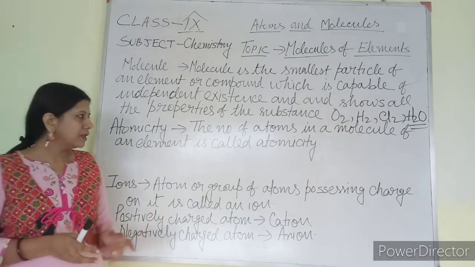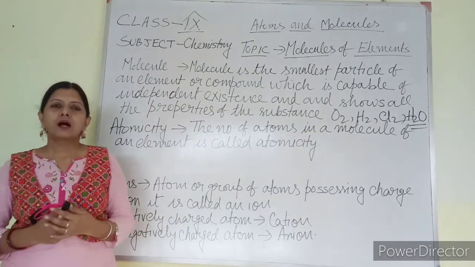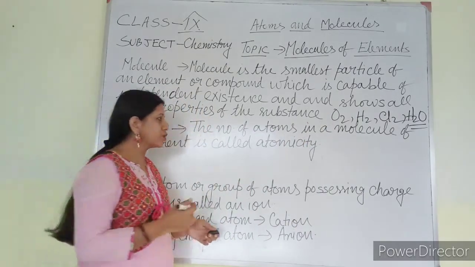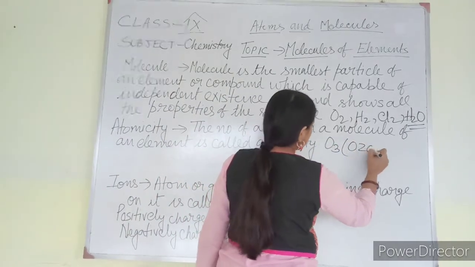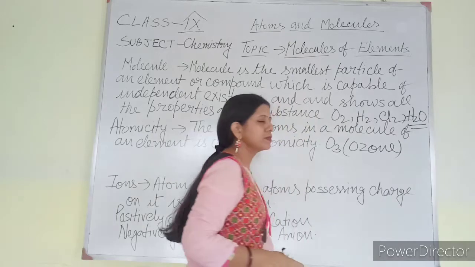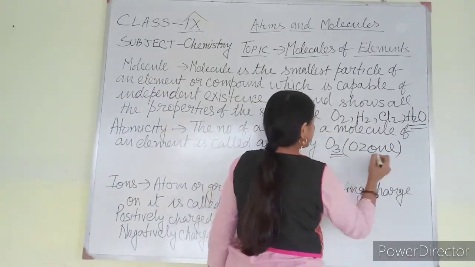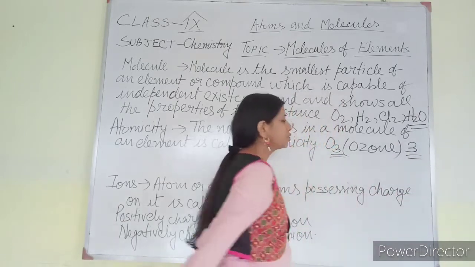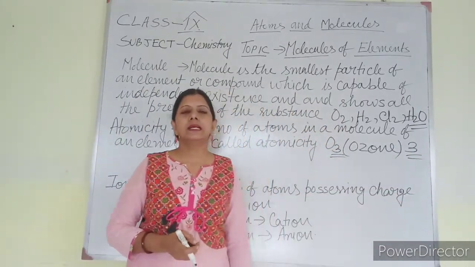For example, the atomicity of O2 is 2. Oxygen also exists as O3, which is known as ozone. So what is the atomicity of ozone? The atomicity of ozone is 3. Three atoms are combined together to form the molecule. So the atomicity of ozone is 3.